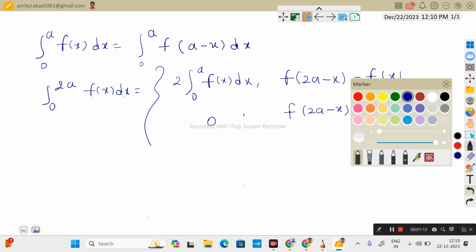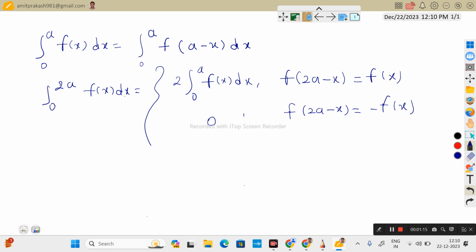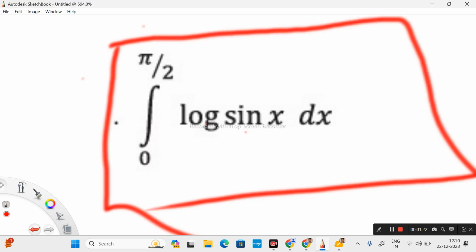So first of all, we explain the second formula, and then we use this formula to solve the given definite integration.